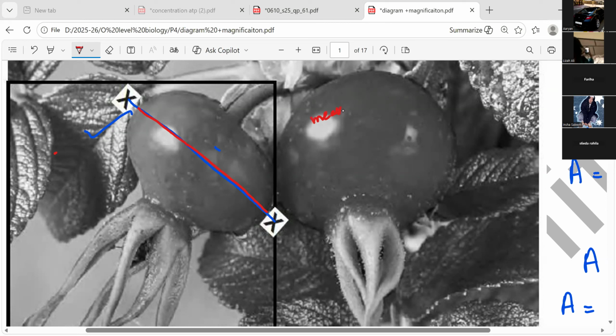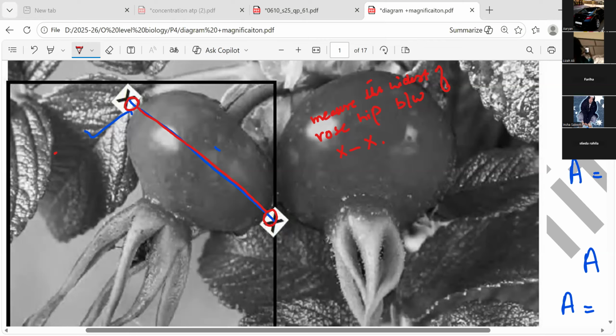Measure the widest part of the rose hip between X and X. So is this the region of the rose hip? Is this part included in the rose hip? No. So we need to measure the red line.